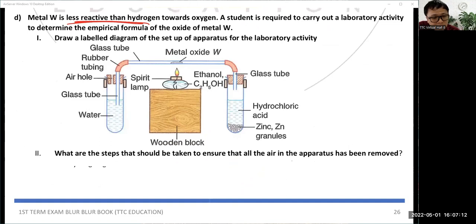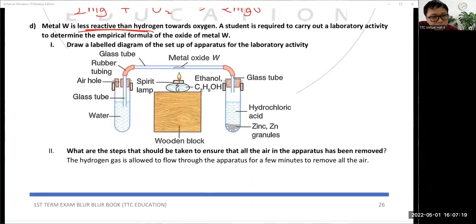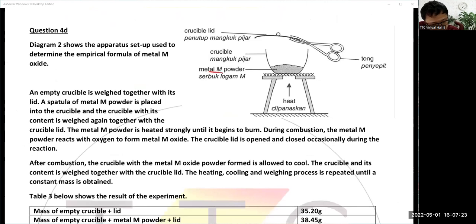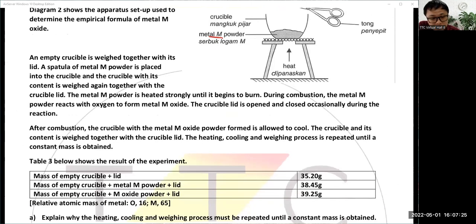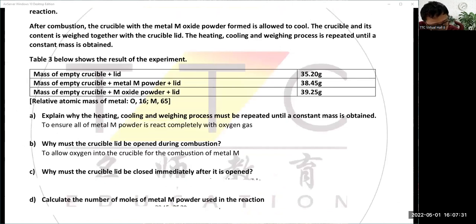What is the step that should be taken to remove all the air? Allow the hydrogen gas to flow through for a few minutes to make sure all the air is removed. Why heating, cooling, weighing? To make sure the reaction is complete. Why must it be opened during the combustion? To allow oxygen to enter. Why must it be closed back?